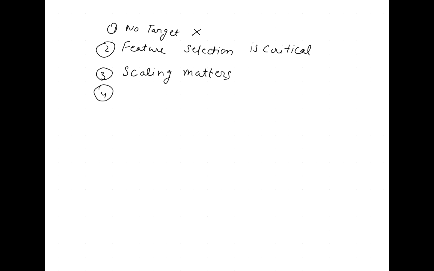And for the evaluation, you are not going to use the accuracy method. You are not going to use any classification or regression metrics. It has its own evaluation methods. Since we are going to work with clustering today, these are the evaluation methods for customer segmentation: the elbow method, and the next one is the silhouette score.